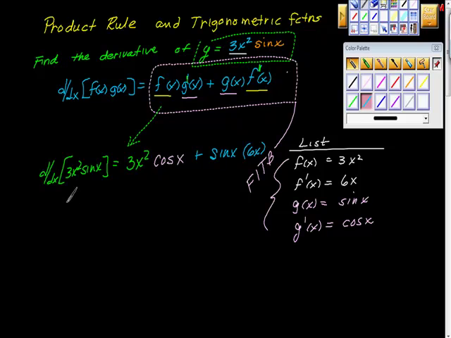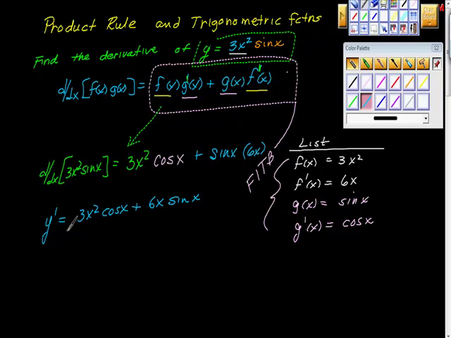We put those together, and this function is y, so we want y prime. So y prime is equal to 3x squared cosine x plus, I'm just going to change the order here, 6x sine of x.